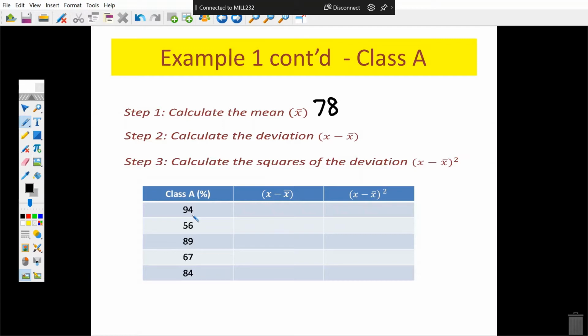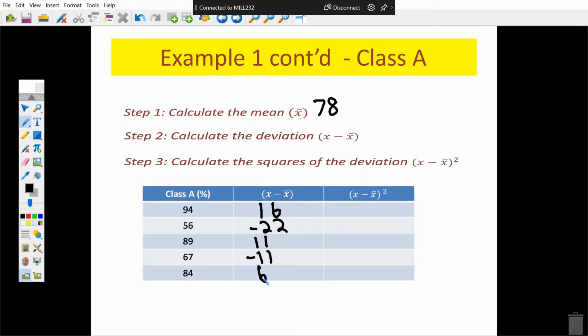So 94 minus 78 is 16. 56 minus 78 is negative 22. 89 minus 78 is 11. 67 minus 78 is negative 11. And 84 minus 78 is 6.